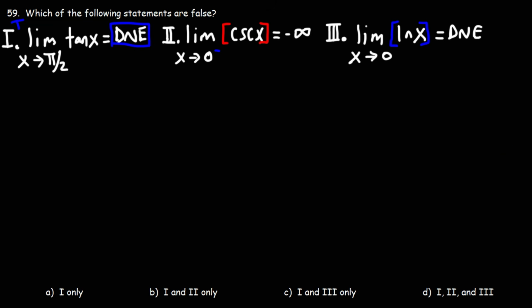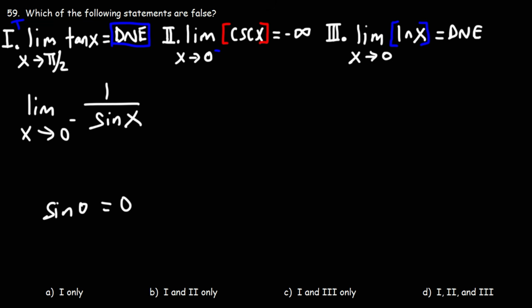Now what about statement 2? The limit as x approaches 0 for cosecant x. Now this is 0 from the left, and cosecant is 1 over sine. Sine 0 is 0.